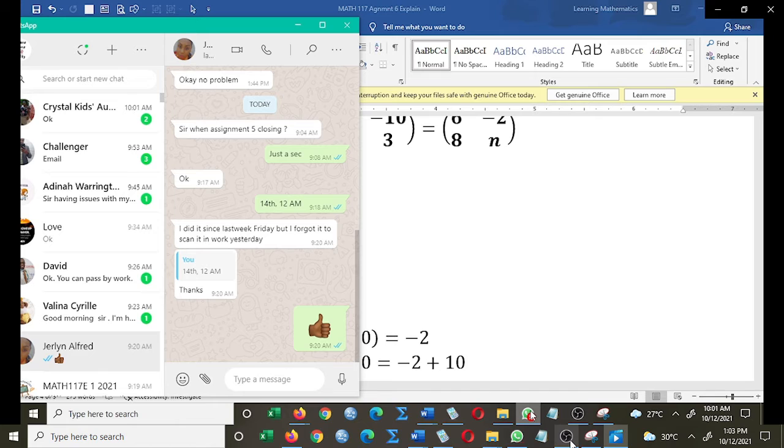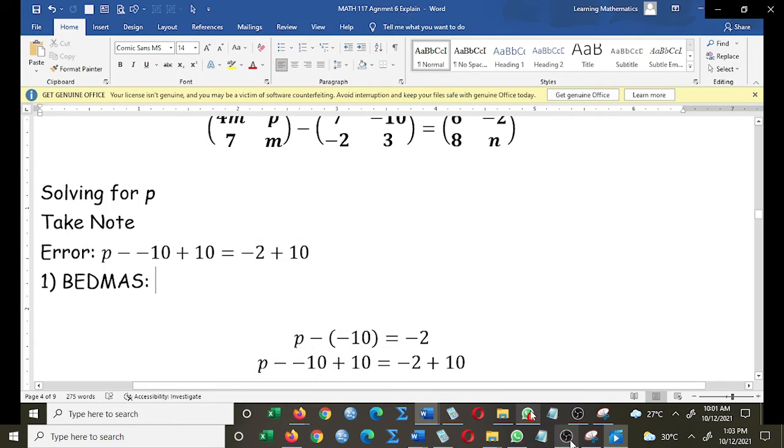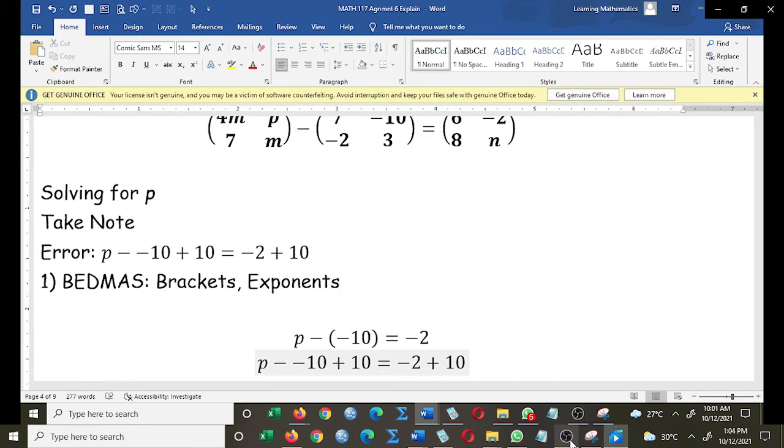So we did it for brackets first. Brackets first. What next? Exponents. Divide and multiply. Add and subtract.